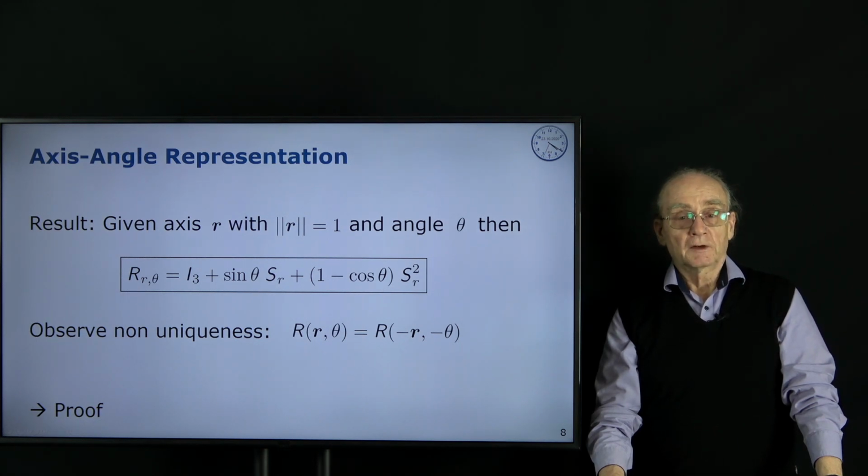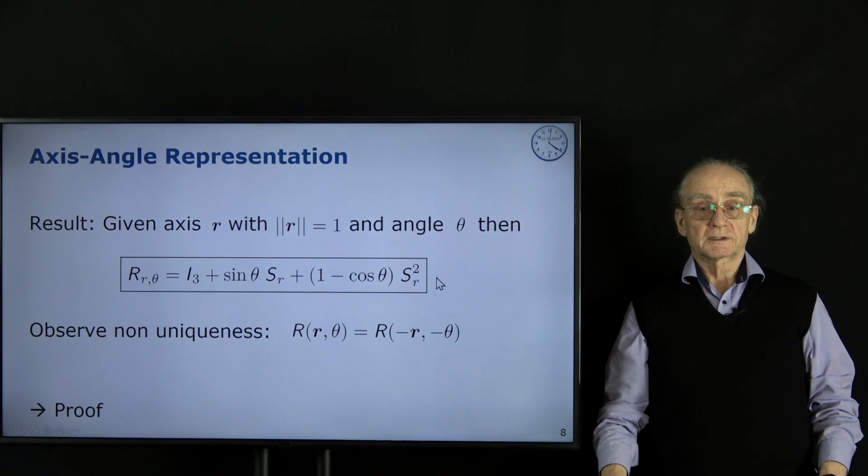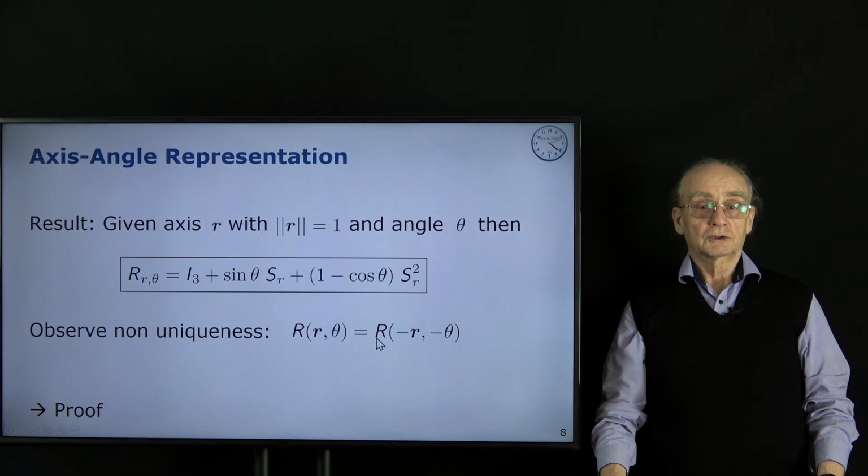Now, we have to observe what happens if we take the negative sign for r and the negative sign of theta. The sine of minus theta is minus sine of theta, and the skew-symmetric matrix also changes the sign. So this stays the same. And the cosine of the negative angle theta is the same as the cosine of the angle. And because S of r is a square matrix, it also doesn't change its sign. So actually, if we change the sign of both, we don't change the rotation.